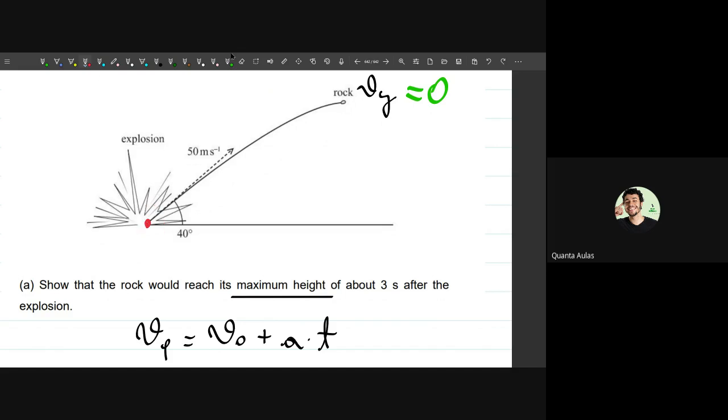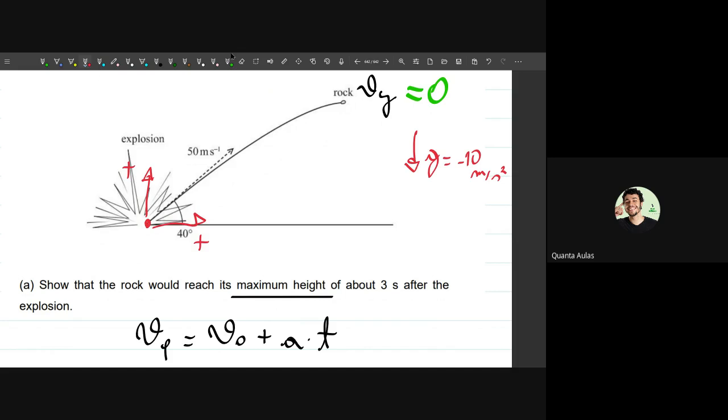And we can define too our Cartesian scheme, our axes. We can define our positive axis to up and to the right. So if we define up as positive, down is negative, so we have our gravity negative.